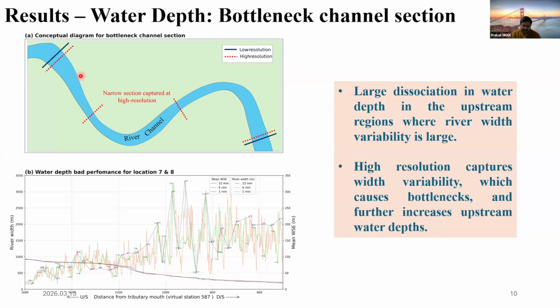Because of the bottleneck channel sections, there is an interruption in the flow, and then an increase in the water storage or water depth on the upstream side, and this causes an increase in the water level. So here we can see the increase in the mean water surface elevations when there are narrow channel sections for the high resolutions. These things are not present in the low resolution simulations.